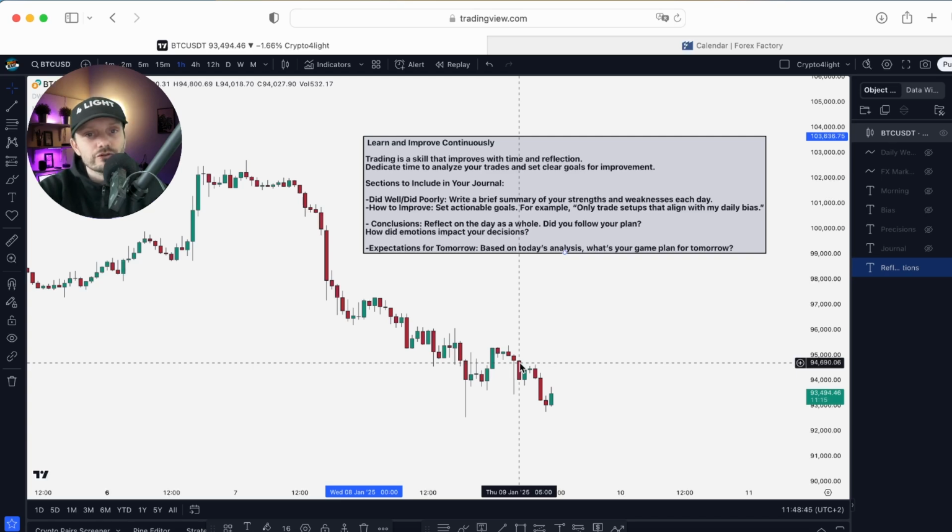Sections to include in your journal: what you did well, what you did poorly. Write a brief summary of your strengths and weaknesses each day, and you will be surprised. It's like working with your psychologist, and at the end of the month or the year, you will find some deep demons sitting inside you.